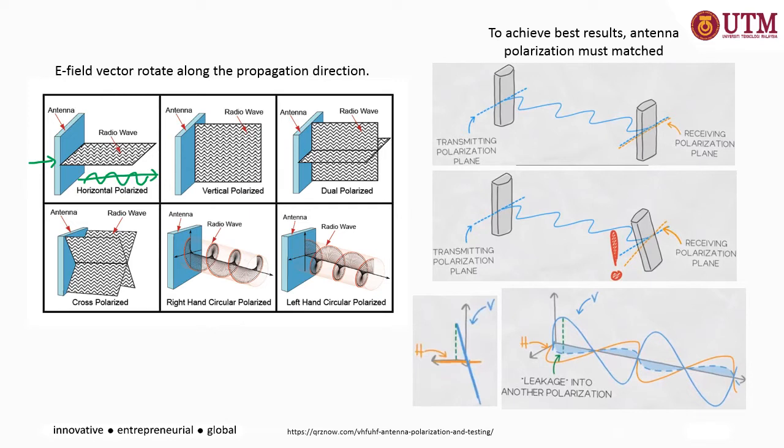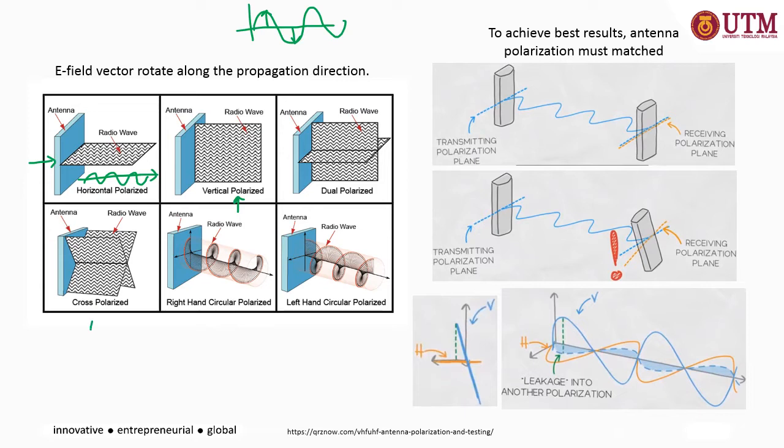And this is for vertical polarized, in which the E field travels in vertical orientation, and dual polarized, when the antenna radiates fields which have both vertical and horizontal polarization.